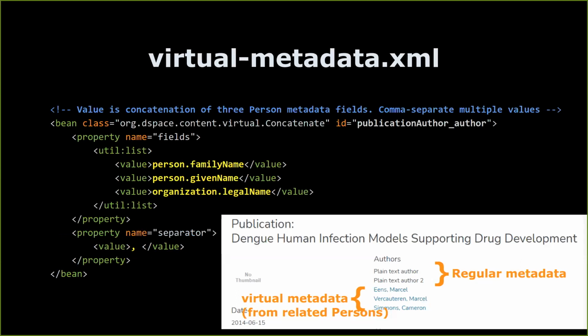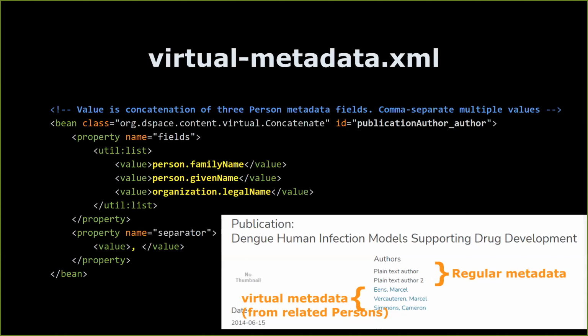So from that person object, if that person object has a family name field and a given name field, it gets put into that dc.contributor.author field. And also if they have an organization legal name field, that can get put there as well. What you end up seeing in the user interface is regular metadata alongside and even intermixed with this virtual metadata.